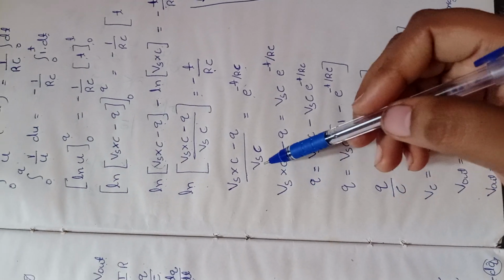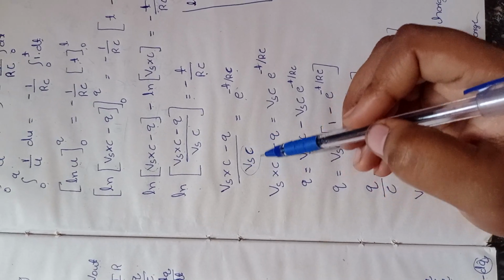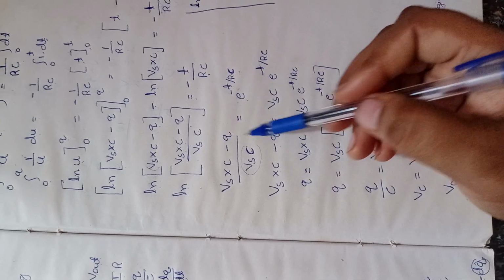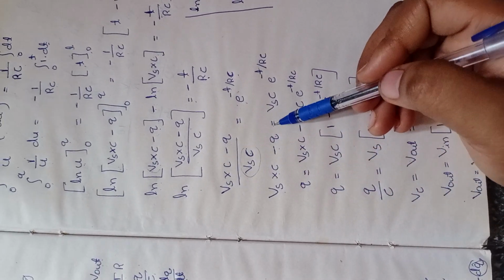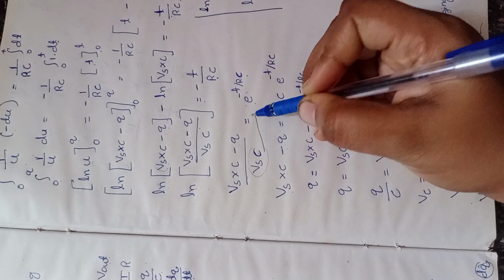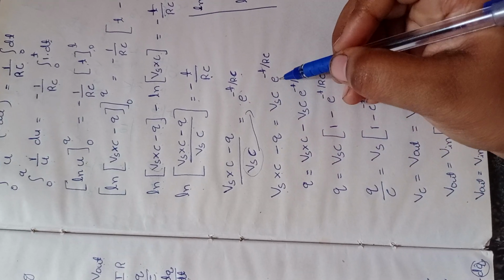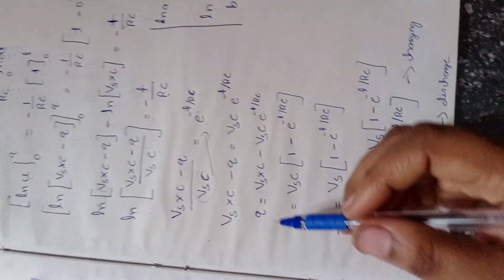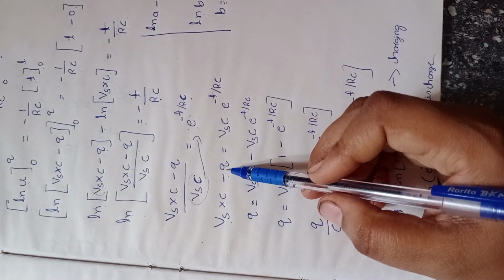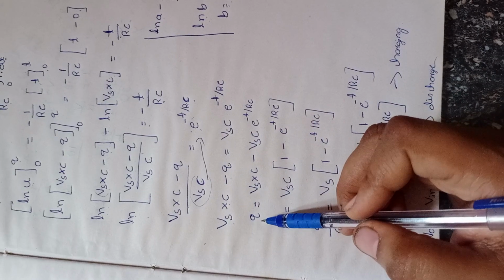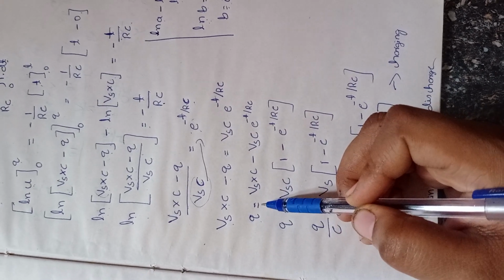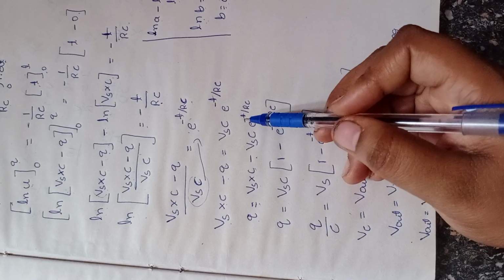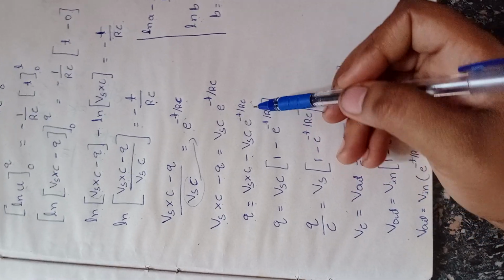After that, I am taking this Vs into C to the right hand side. So Vs into C minus Q, this numerator term, is equal to Vs into C e power minus t by RC. So I am rewriting this equation: Q is equal to Vs into C minus Vs into C e power minus t by RC.